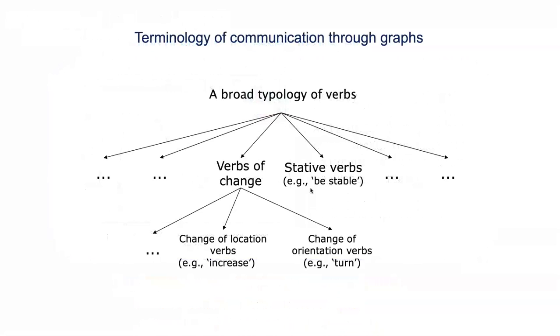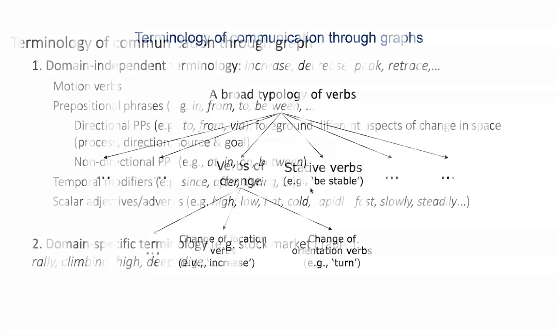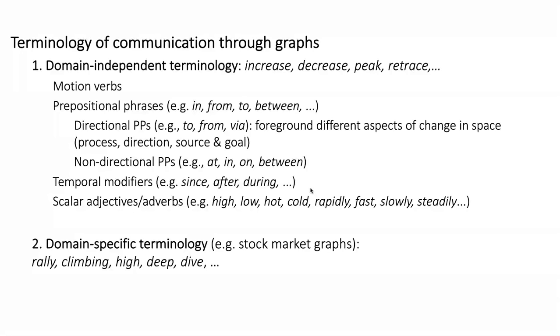For example, if you look at the literature on language comprehension, you see different types of verbs, like verbs of change, stative verbs, etc. And there are further and further subtypes: change of location, change of orientation, change of state verbs, etc. If you focus more and more on this domain-independent terminology, which includes general terms like peak, increase, decrease, you find motion verbs, prepositional phrases if you focus on English, directional and non-directional prepositional phrases, temporal modifiers, scalar adjectives, adverbs.